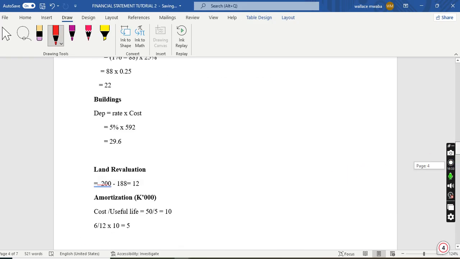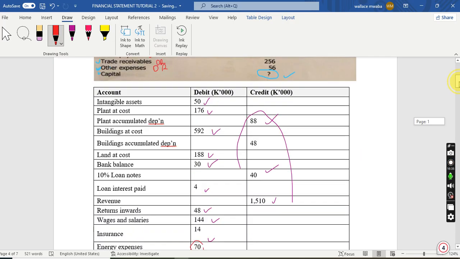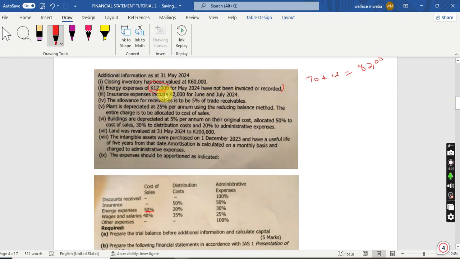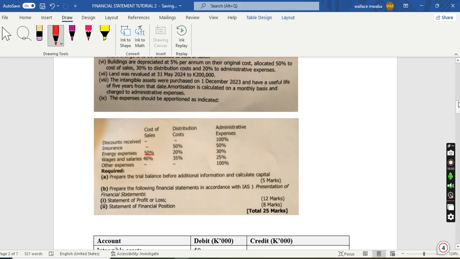Okay, wages and salaries. Let's see the additional information. Was there anything about wages and salaries? You said the 50% of the 82,000 will be added to the cost of sales. The cost of sales figure, is it 952?